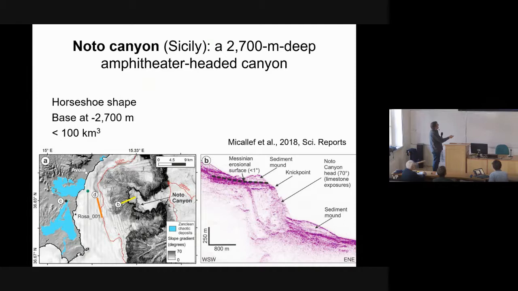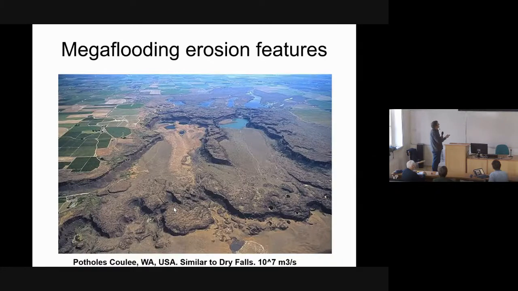This doesn't look like something that can be created subaerially under normal conditions. And it reminds me very much of features like this one belonging to the Missoula floods in Washington state in the USA.